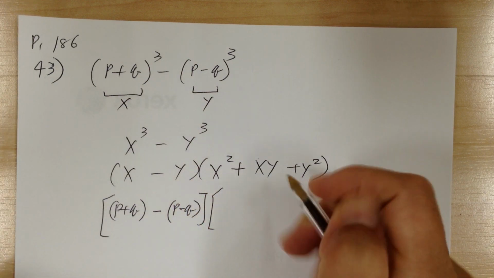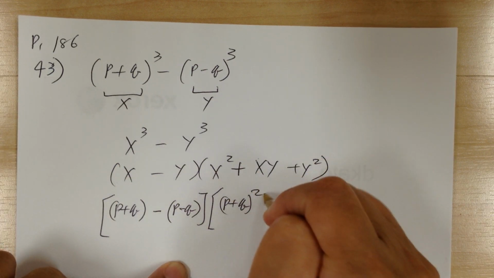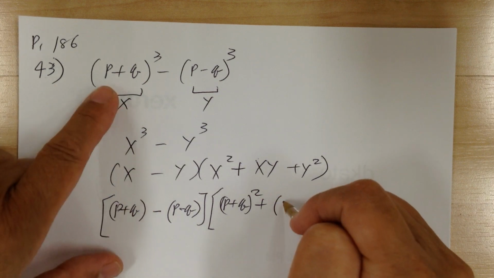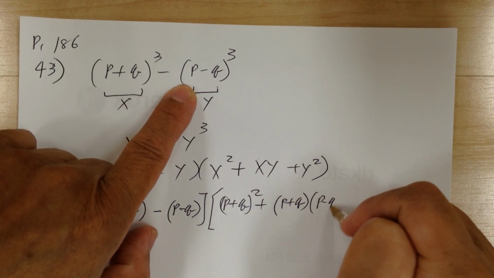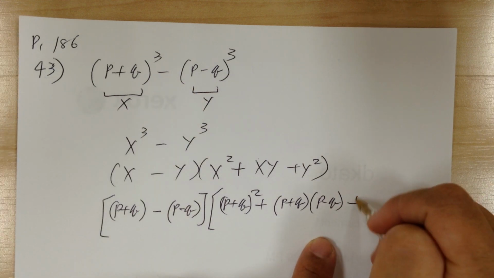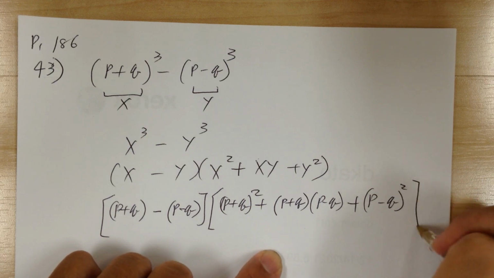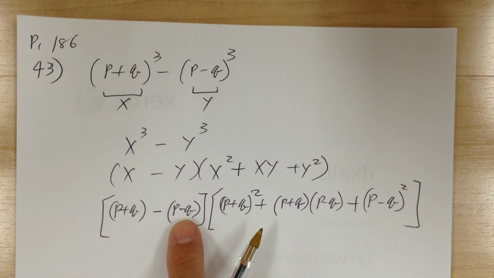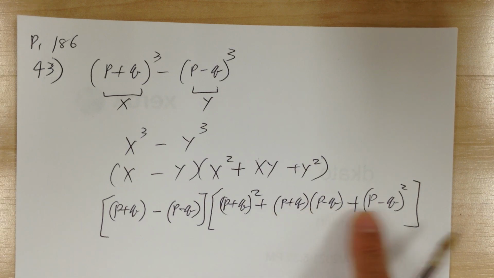And the x squared is p plus q squared, plus x times y, which is p plus q times p minus q, plus the y squared, p minus q squared. So again, that's your x minus y times x squared plus xy plus y squared.